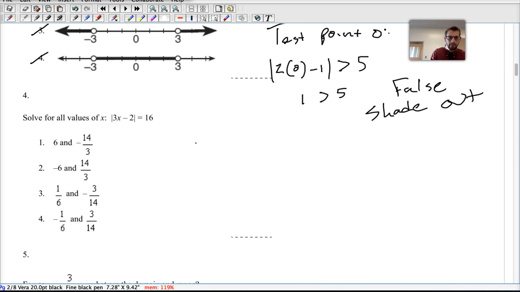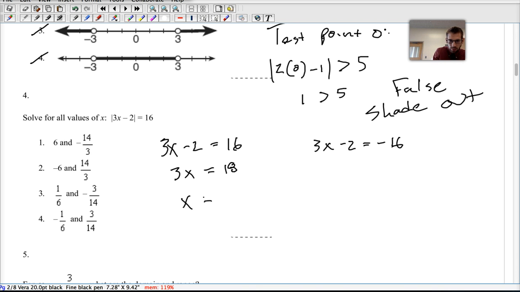Alright, we're doing it again. So 3x minus 2 equals 16, and 3x minus 2 equals negative 16. 3x equals 18. X equals 6. That's one solution. And then 3x equals negative 14. That's because I did plus 2 to both sides.